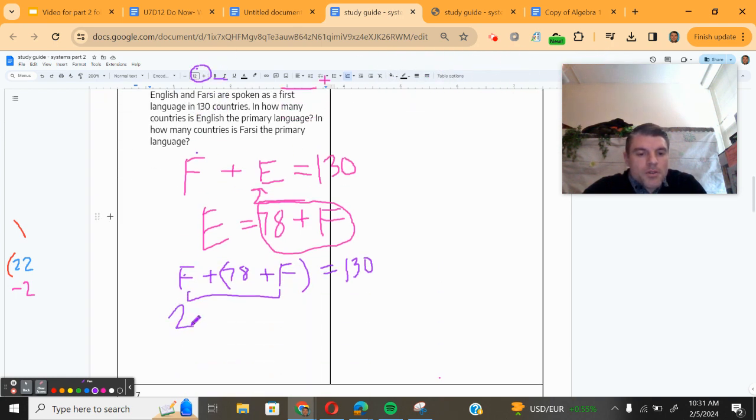I'm going to get 2F plus 78 equals 130, and then I'm going to subtract 78 on both sides.